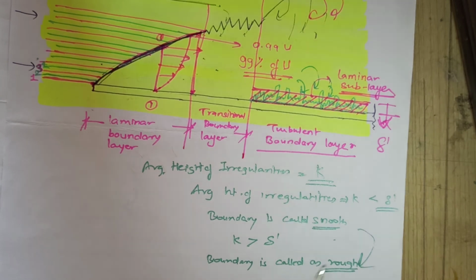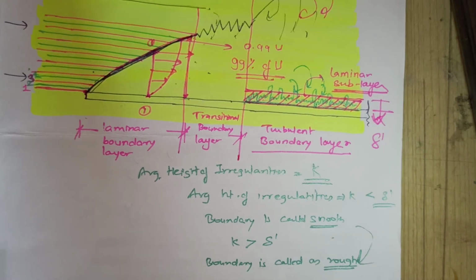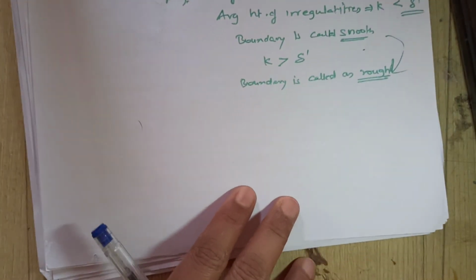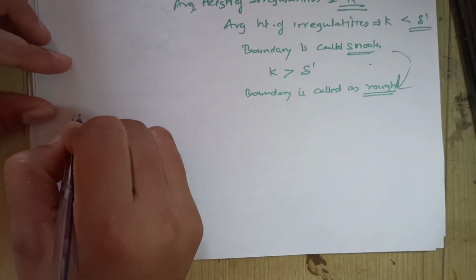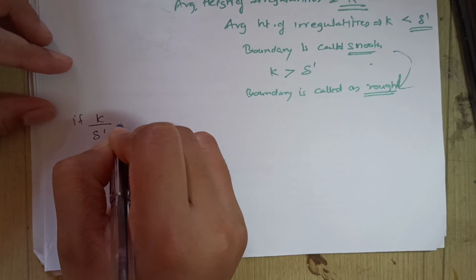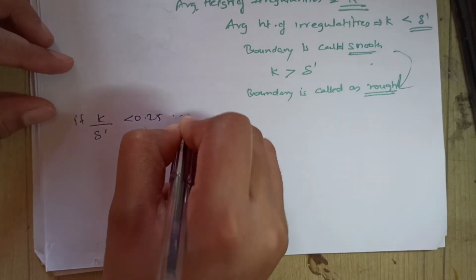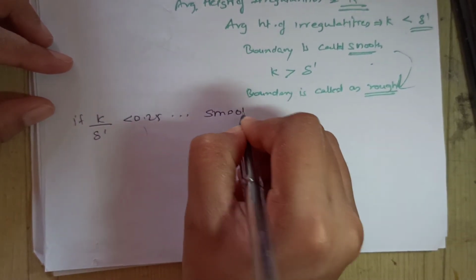Okay, now we will see the exact classification of boundary, smooth boundary and rough boundary. So if your K upon delta dash is less than 0.25, it is smooth boundary.